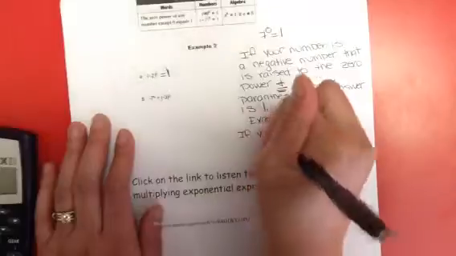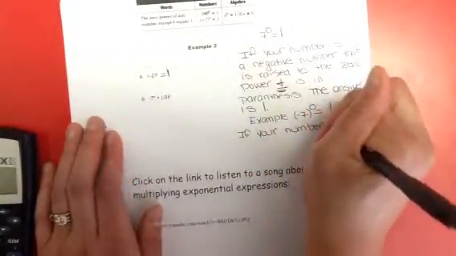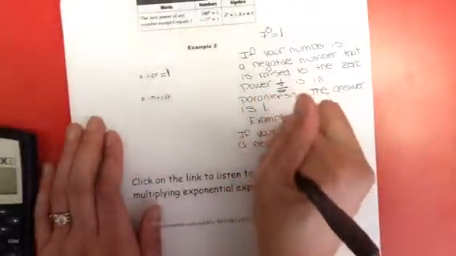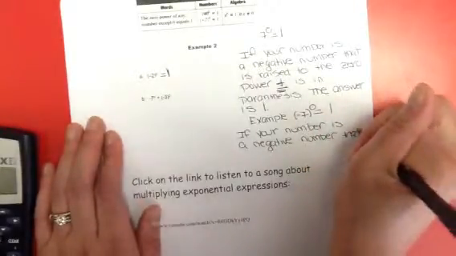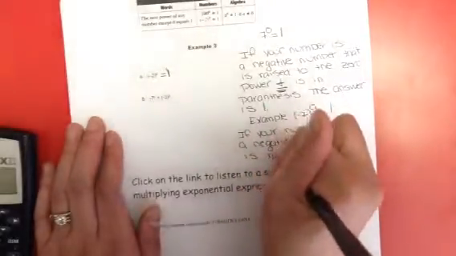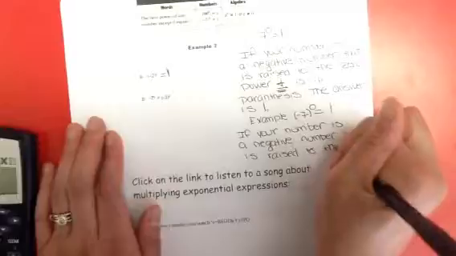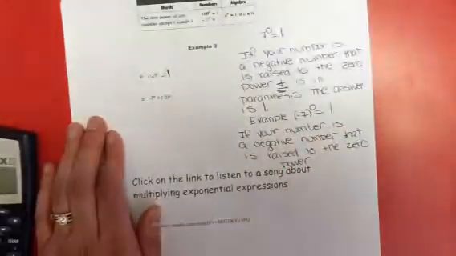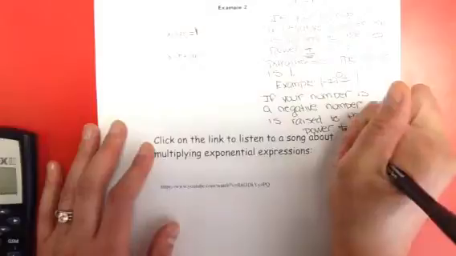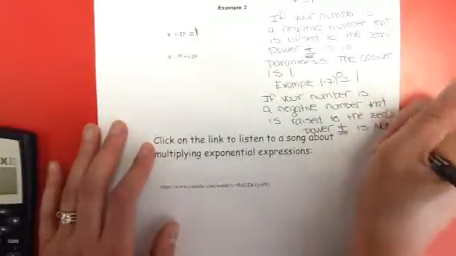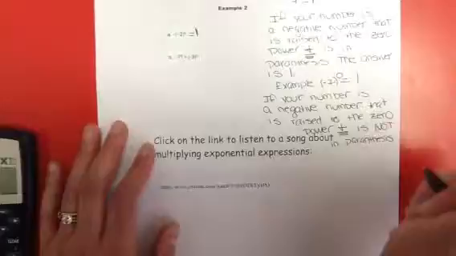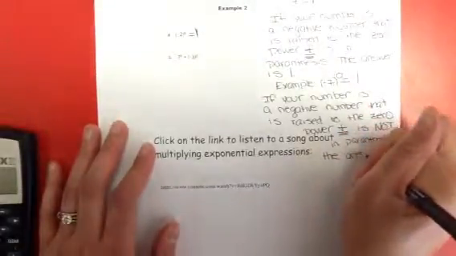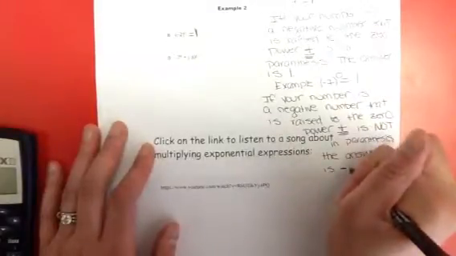So what would happen if my number is not in parentheses? If your number is a negative number that is raised to the 0 power and is not in parentheses, the answer is negative 1.